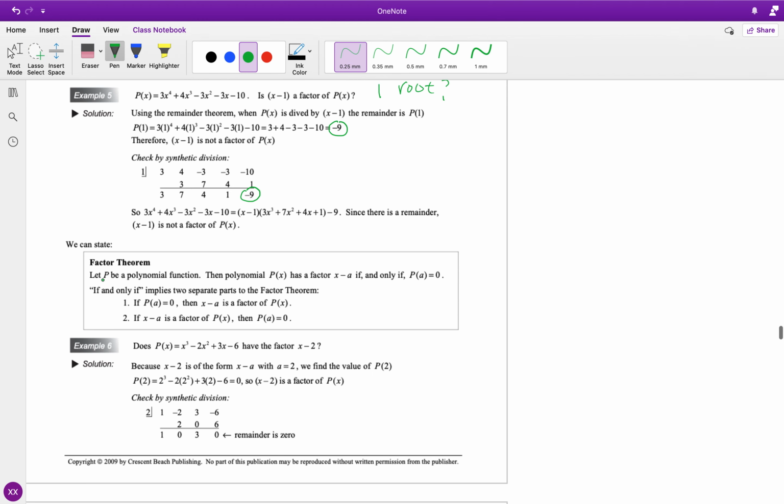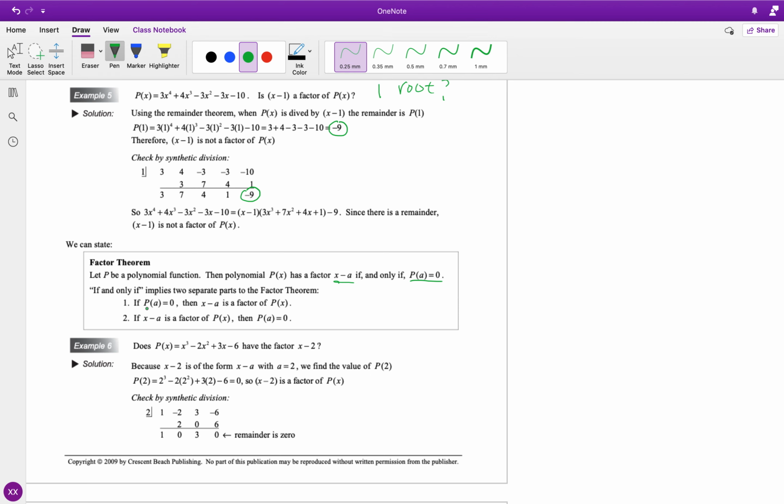Now it says let P be a polynomial function, so P(x). The polynomial P(x) has a factor of that if and only if the remainder is 0. Yeah, sure, right? It means if and only if. So what does this mean? To further explain, if and only if implies two separate parts to the factor theorem.